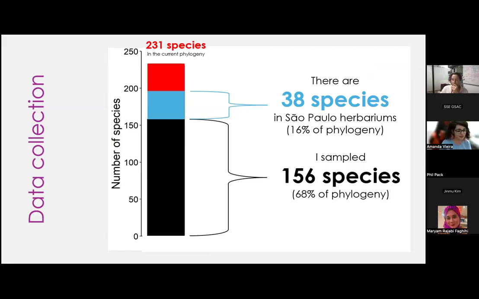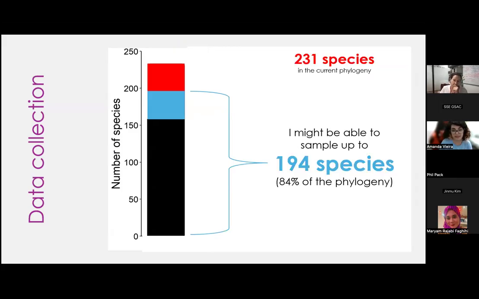From the 75 species that I don't have data for, there are 38 species in São Paulo herbariums. My lab mates and I are going to these herbariums in São Paulo to measure Chamaecrista floral traits and extrafloral nectary traits.